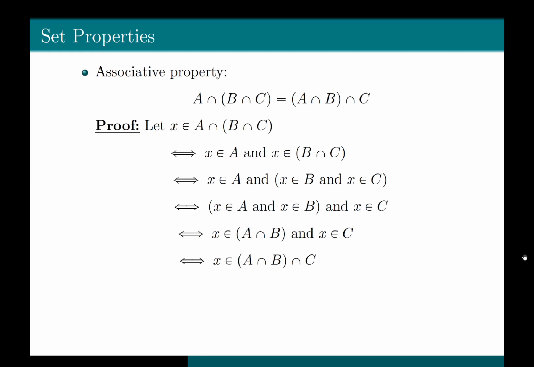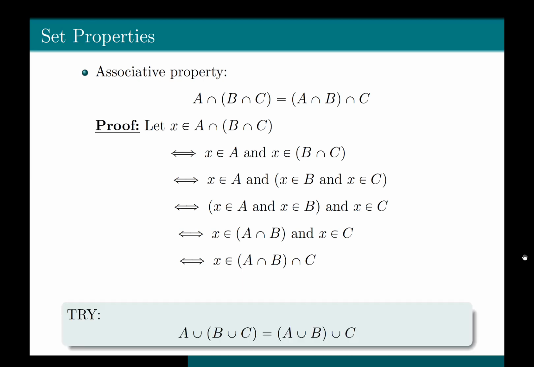Therefore, we have that A intersection B intersection C is a subset of A intersection B and then its intersection with C. And vice versa, it's true because we have an if and only if statement over here. And thus we have that intersection is associative. Now, I have left it for you all to prove that union is associative.